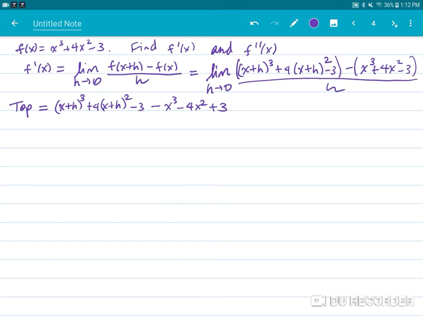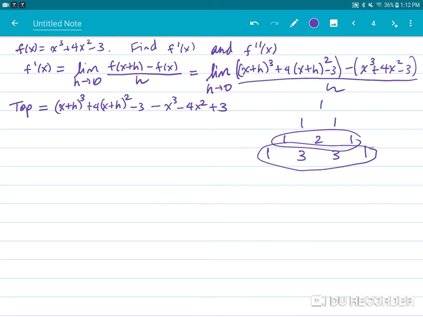To calculate (x plus h) cubed, I will go back to my Pascal's triangle and pick out the coefficients of the cubic expansion. These are the coefficients 1, 3, 3, 1. These are the coefficients for the quadratic expansion, for this square.